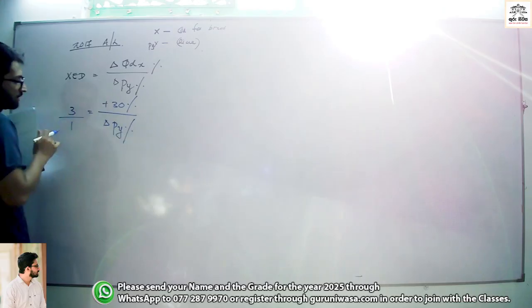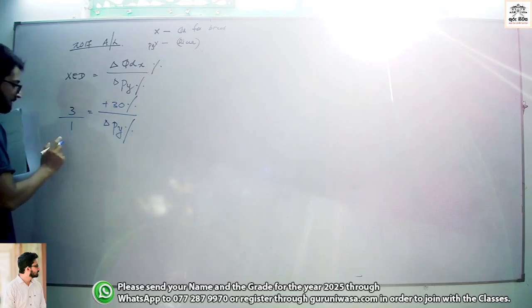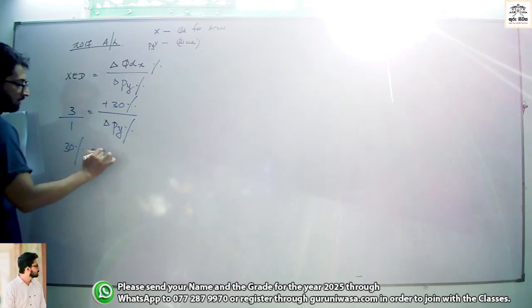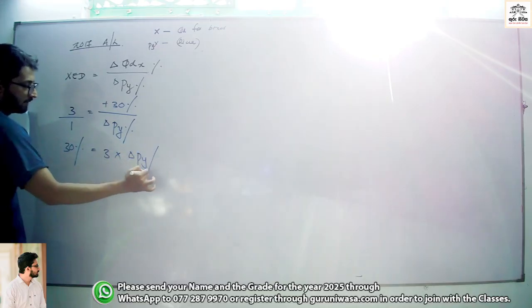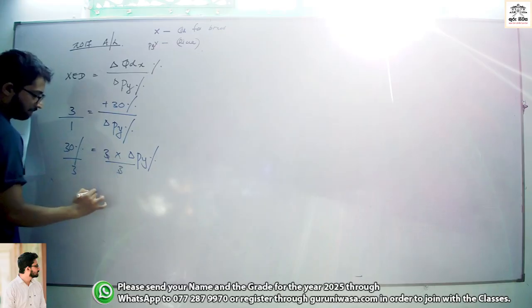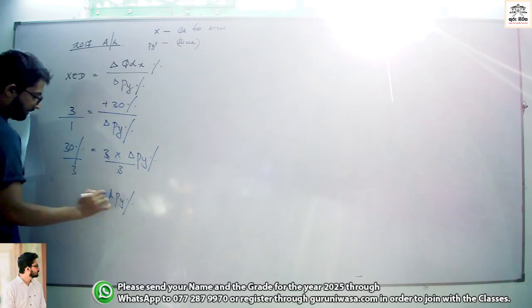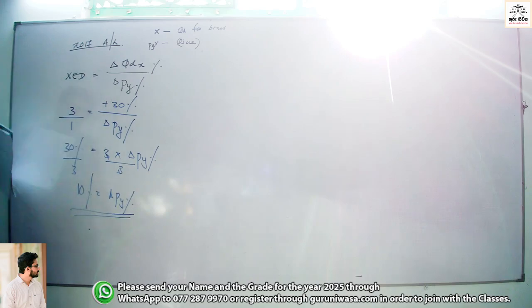You can use the equation. Cross multiply: 1 into 30%, that is 30%, equals 3 into delta PY, divided by 3, divided by 3. So the percentage change in PY should be 10%, right? Percentage change in PY should be 10%.